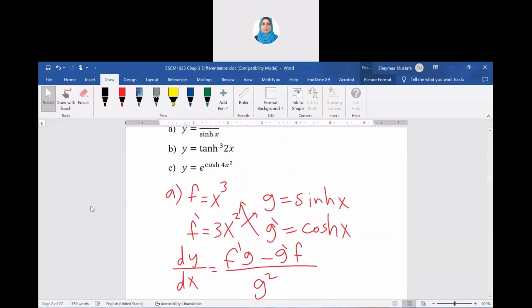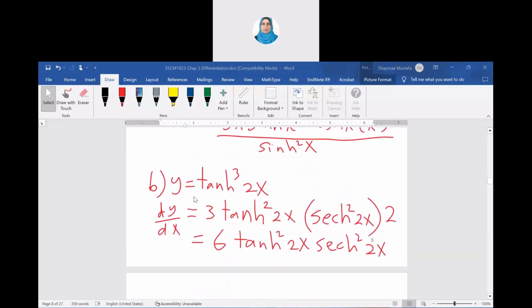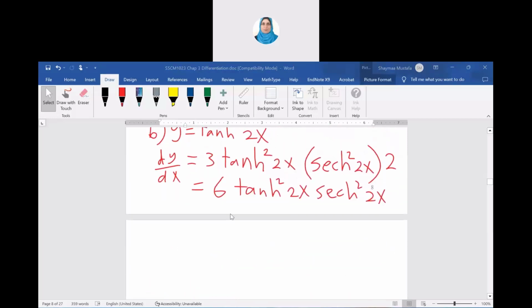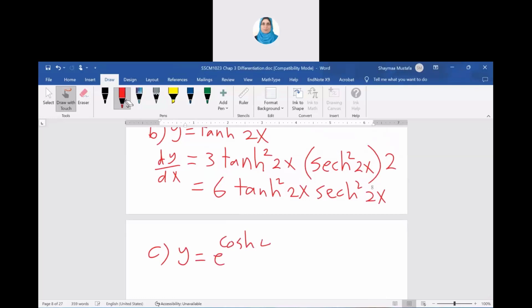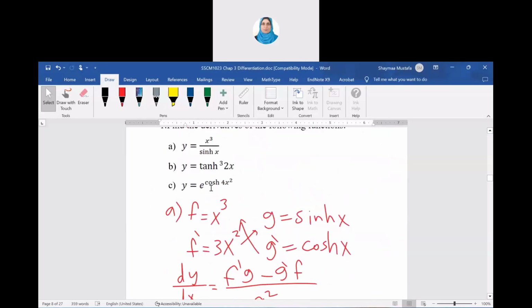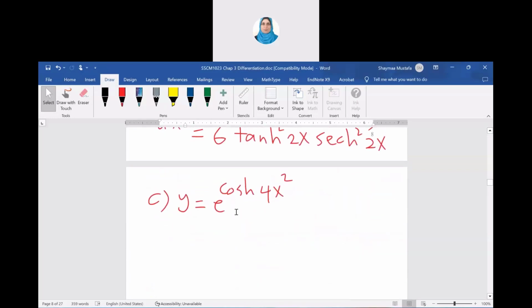Okay. Next, y equal to e to the cos of 4x squared. Y equal exponential cos 4x squared. So here also I have a composite of functions, not a multiplied function.